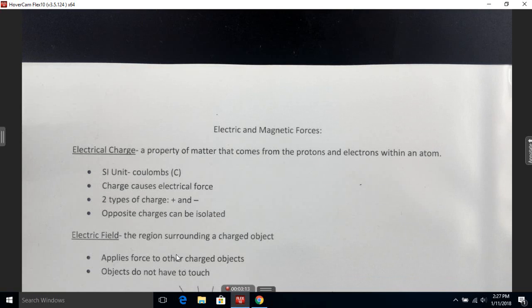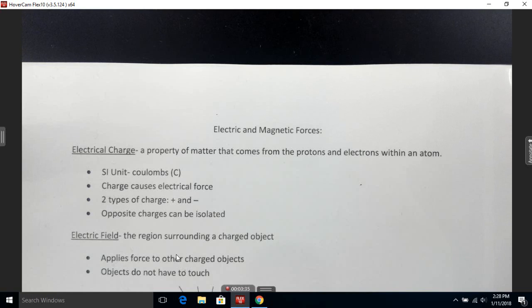A proton has, it's like 1.6 times 10 to the 18th, I think. Something like that. Positive charge.